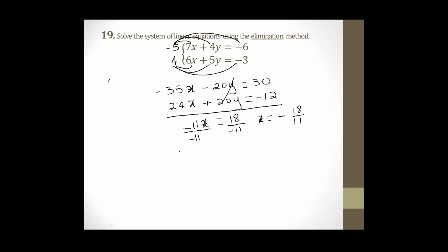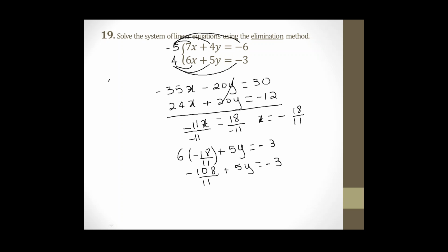So I'm going to have 6 times negative 18 over 11 plus 5y equals negative 3. 6 times negative 18 is negative 108 over 11 plus 5y equals negative 3.